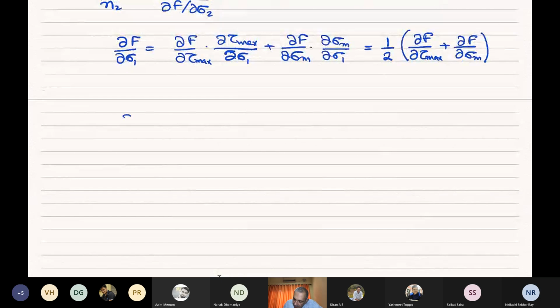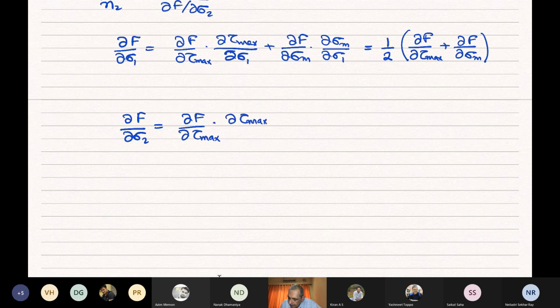Similarly, we can do for sigma 2. And this is equal to, again, same formula, but instead of sigma 1, we'll write sigma 2. Okay.